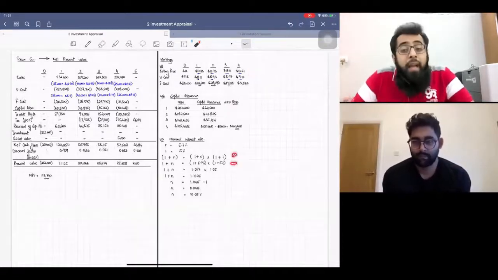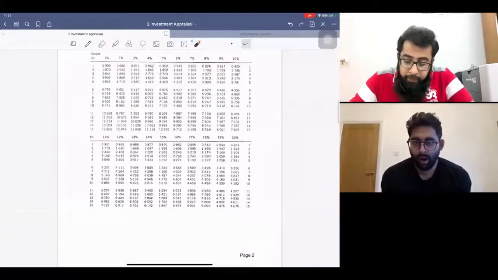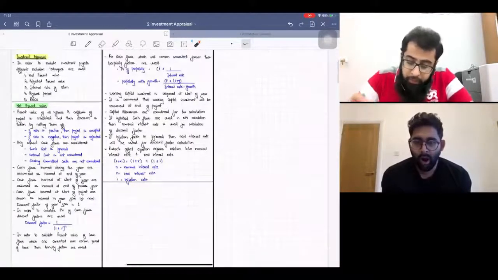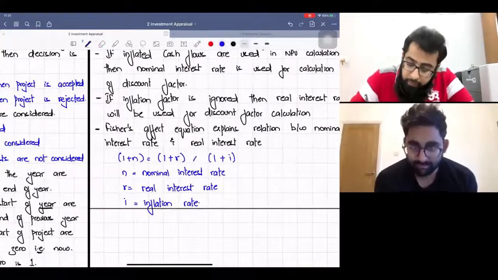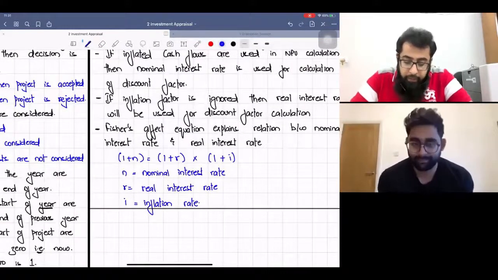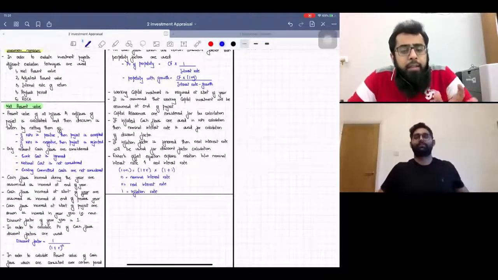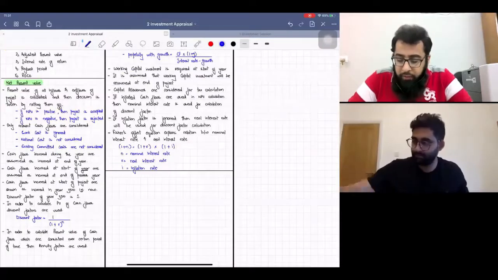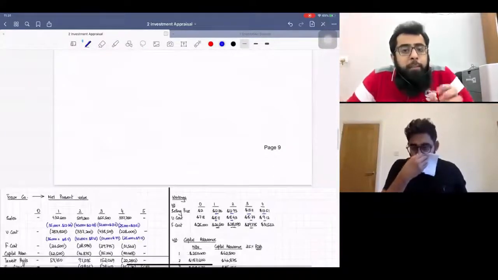We looked at how we have to deal with inflation, and the basic formulas which I discussed with you. I think I wrote a plus sign here; it's a multiply sign. We discussed how we have to calculate the NPV. It was a basic question, not a difficult question. We did some basic adjustments.